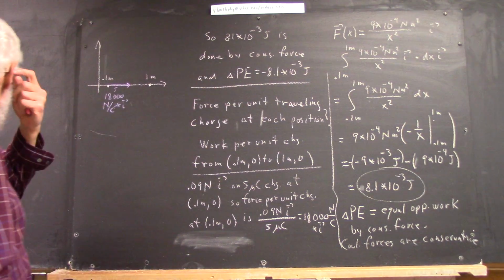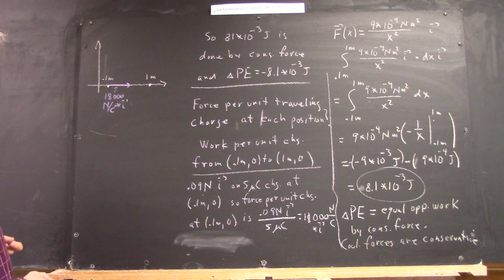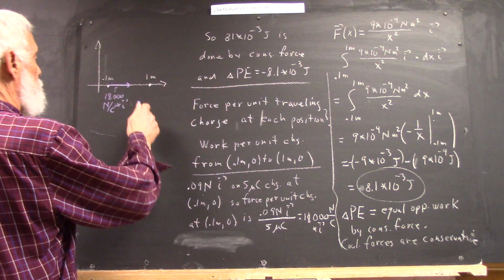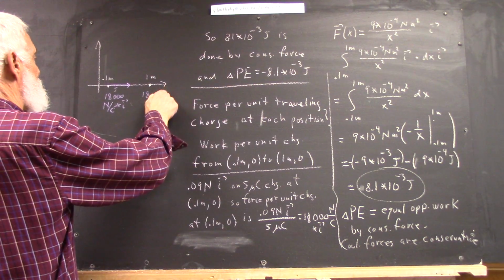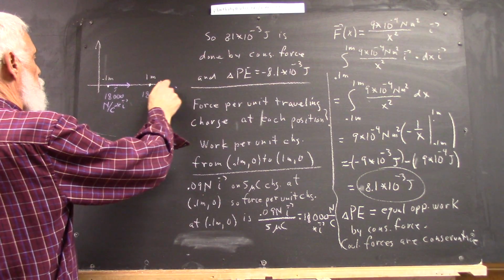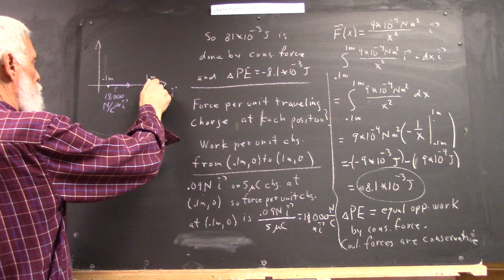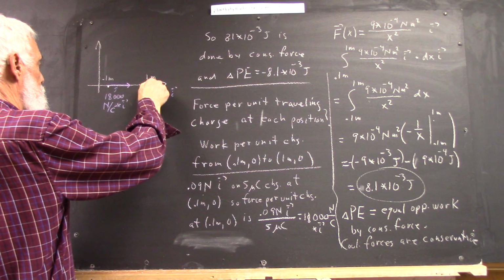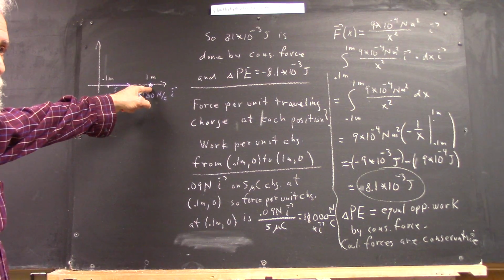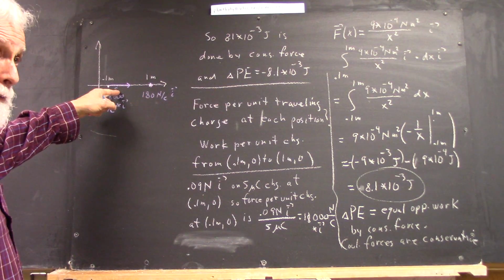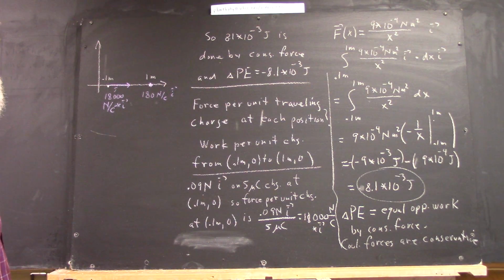It's an inverse square force, so it's going to be 100 times weaker, so out here it's going to be 180 newtons per coulomb times i, which is so short I can't even draw it. Just a little tiny vector, right? 100th as long as this one. Okay?